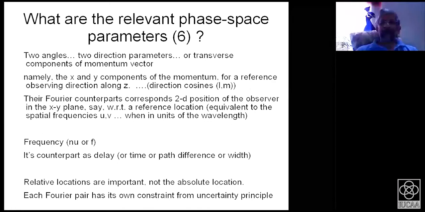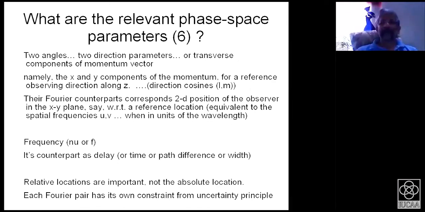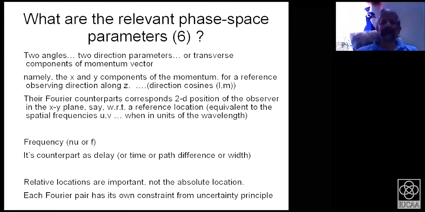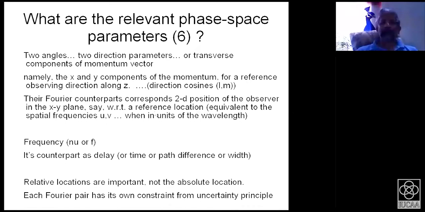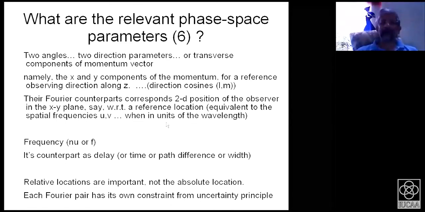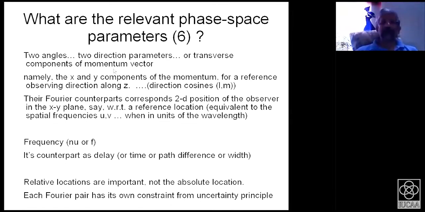This is also with reference to a reference location, which can be arbitrary. So these will refer to equivalents of spatial frequencies, u and v, when in units of wavelength. So these are two angles and two position coordinates in the observer's plane.